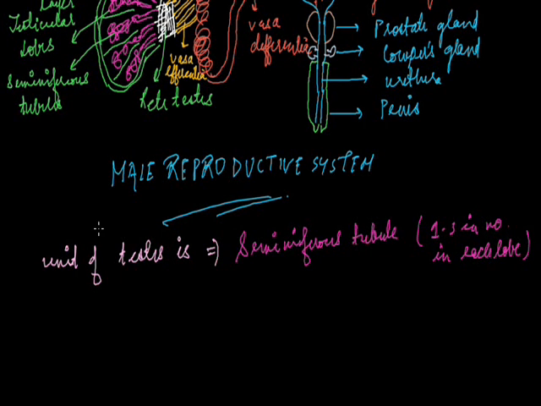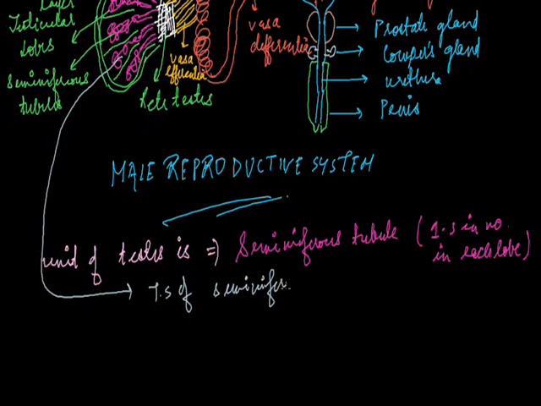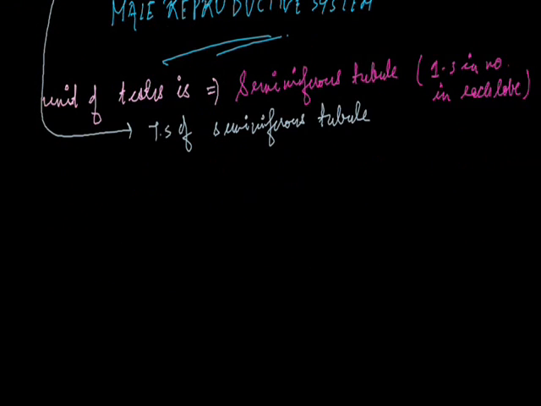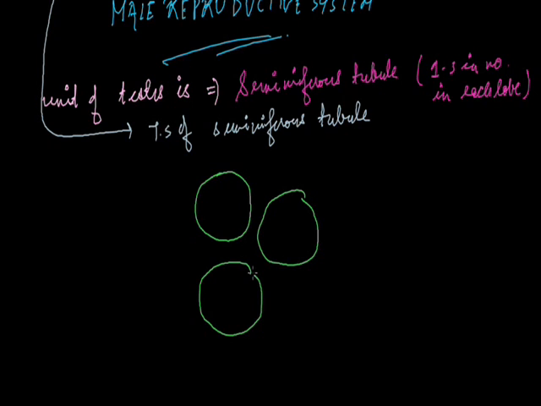Let us see a generalized internal structure of a testis. If we see the TS of a seminiferous tubule, it will look like this. These are the cut sections, the TS of 3 seminiferous tubules. It consists of two types of cells, long Sertoli cells.